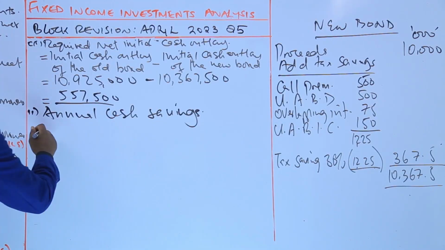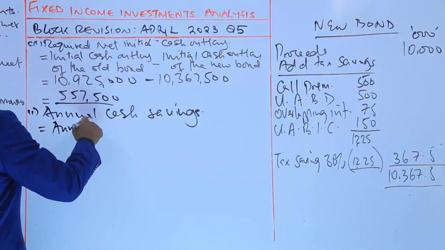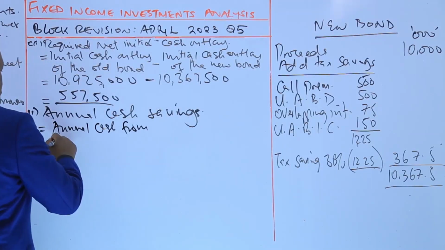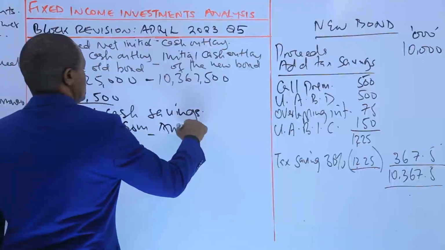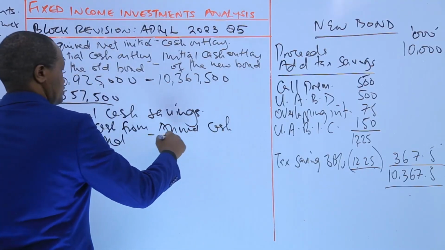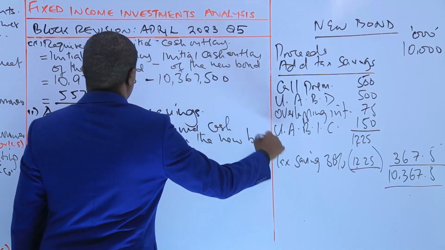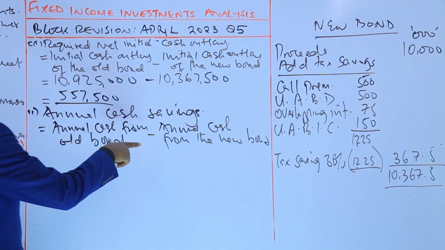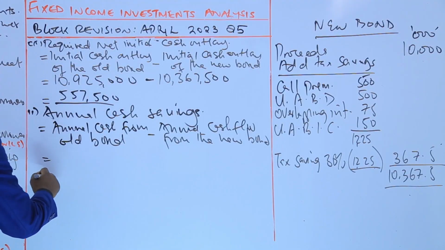Annual cash savings will be equal to the annual cash flow from the old bond minus the annual cash flow from the new bond. The difference will be the annual cash savings. So this will give us the answer.